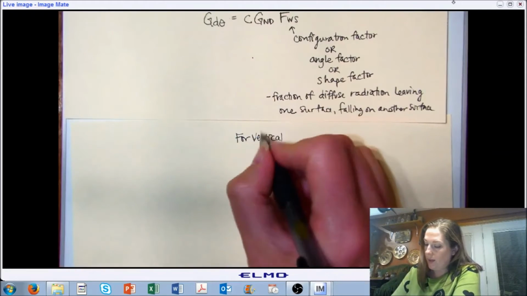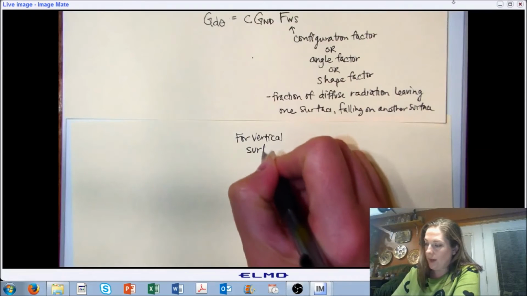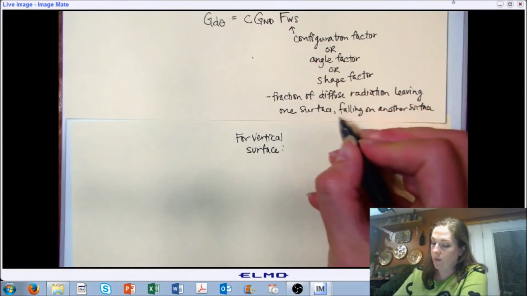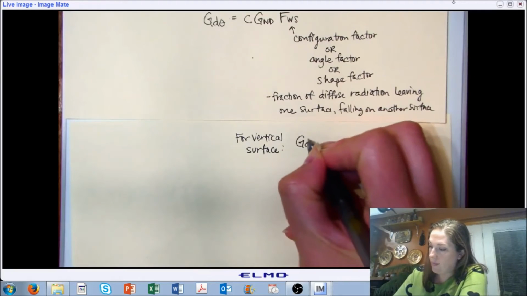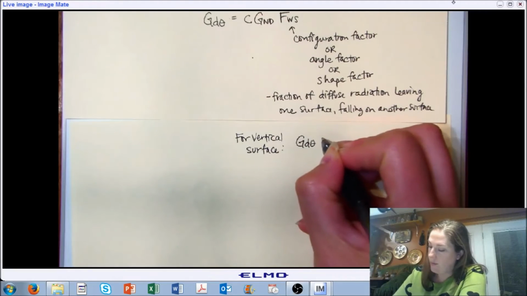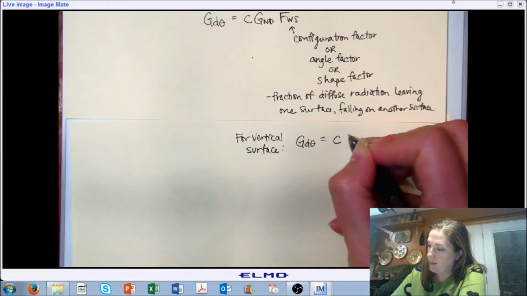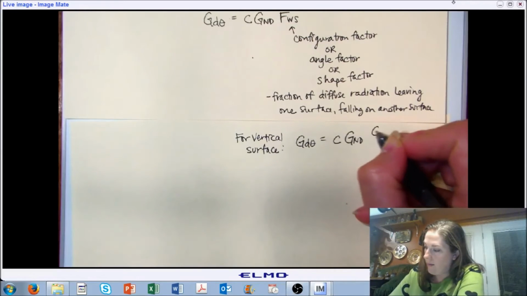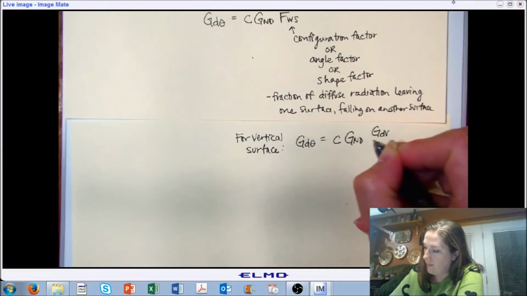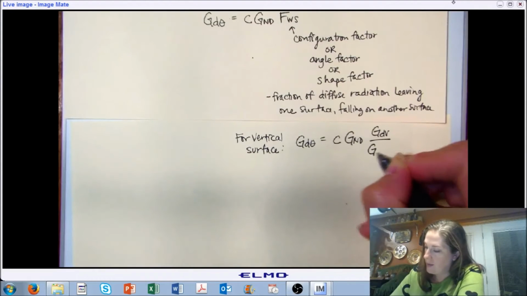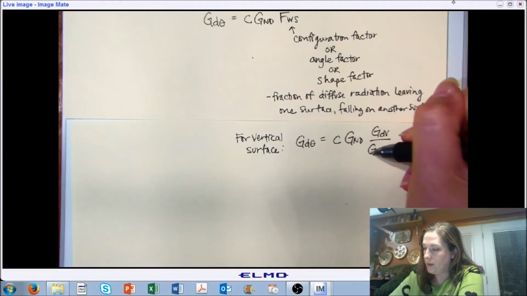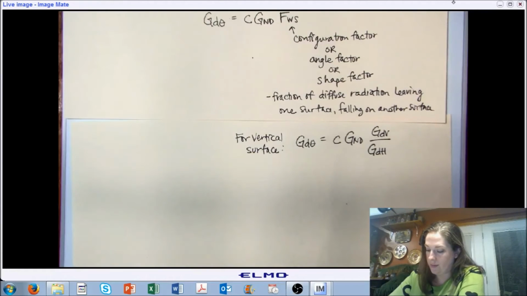So vertical is probably the most common special case we run into with buildings and structures. So for vertical surfaces, the diffuse value is C times the direct normal times the ratio of diffuse on the vertical surface to diffuse on the horizontal surface.